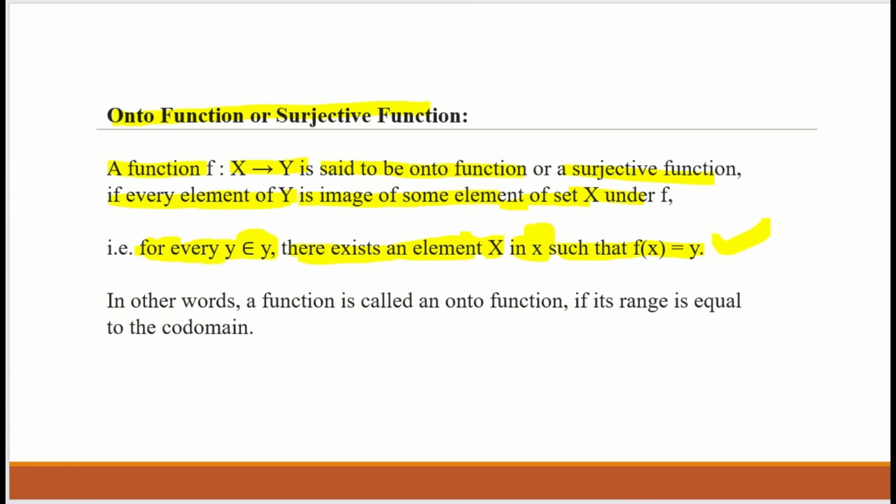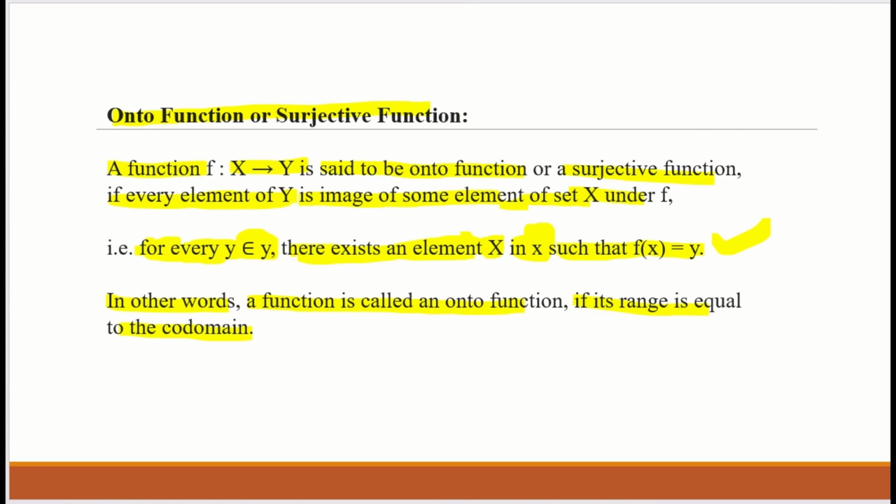In other words, a function is called onto if its range is equal to the codomain, because all the elements of y must be the image of some element. It means the range of x is equal to the codomain. That is also enough to prove that it is an onto function.